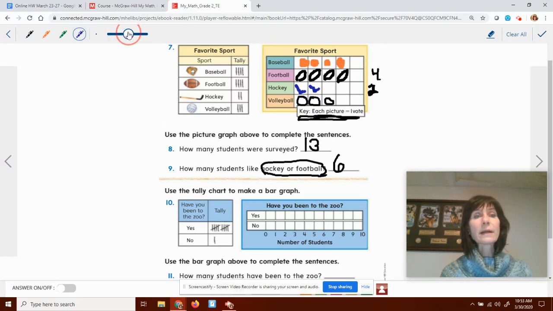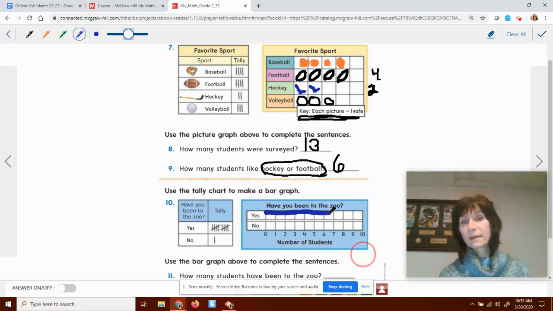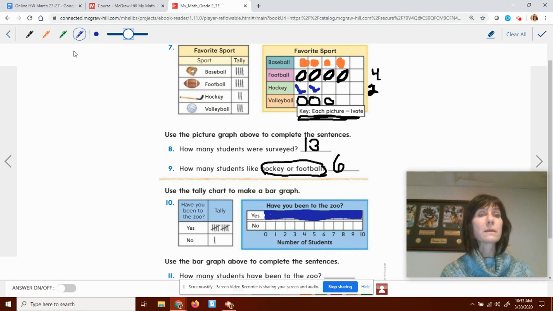So I'm going to put 10 on my bar graph. And then I'm going to take a look at the bar I should mark for no. It looks like for no, we just have 1. Let's put it in just a different color too to make it even easier.